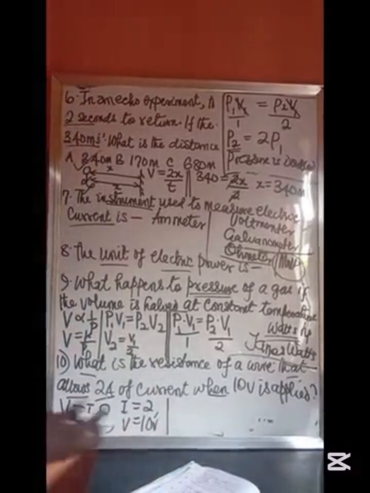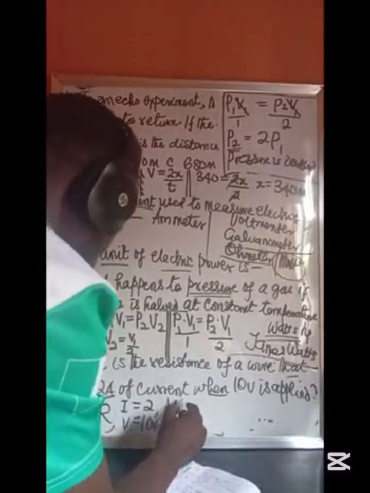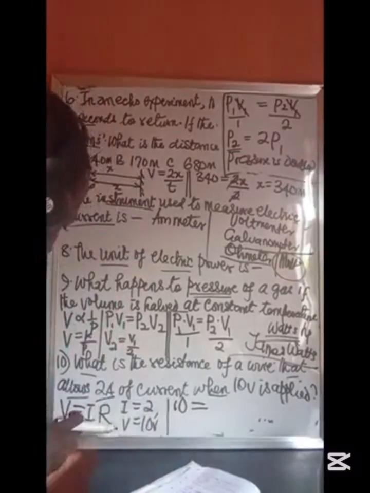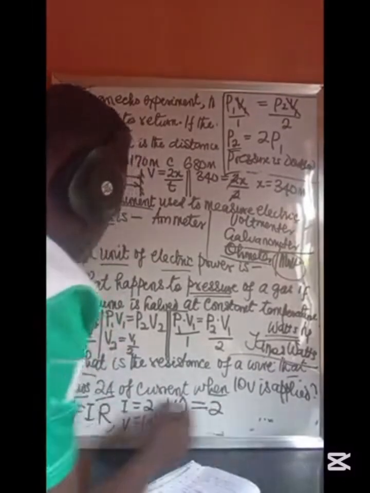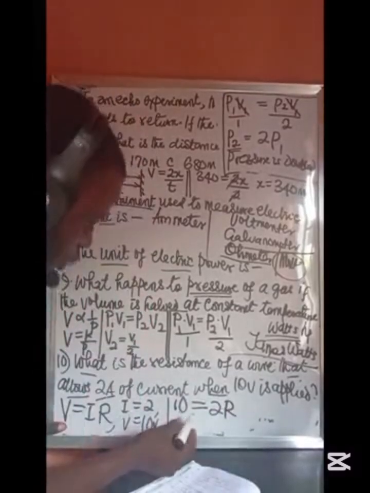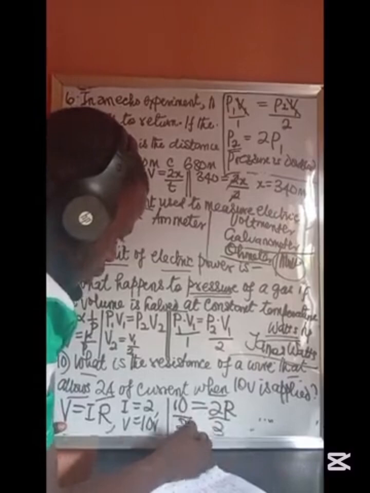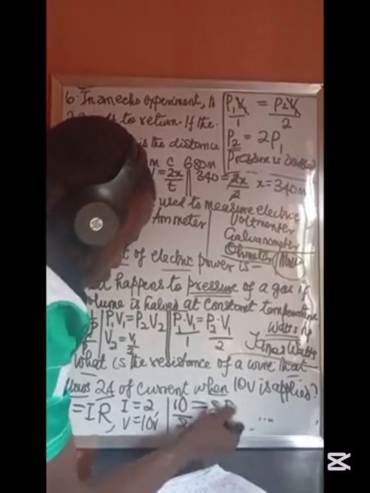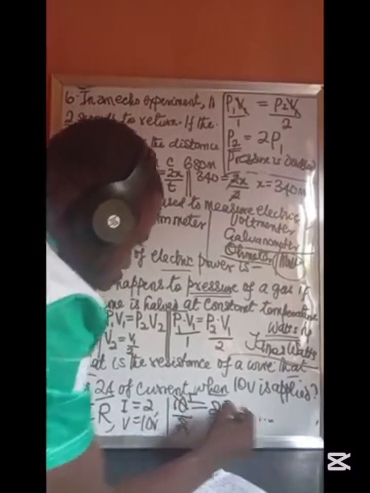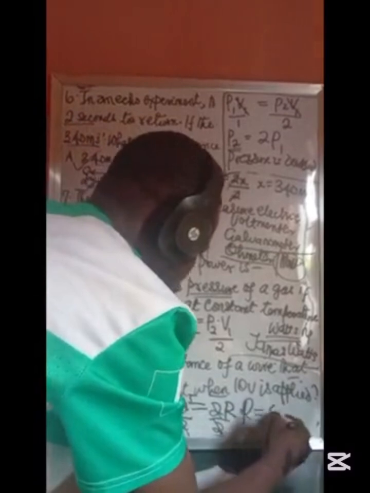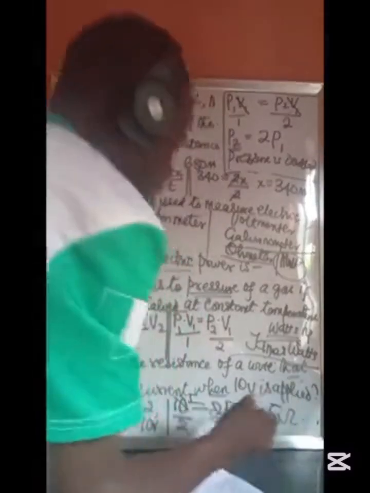So we put it into this: our V is 10, our I is 2, our R is unknown. So 10 equals 2R. Divide both sides by 2. So our resistance is equal to 5 ohms.